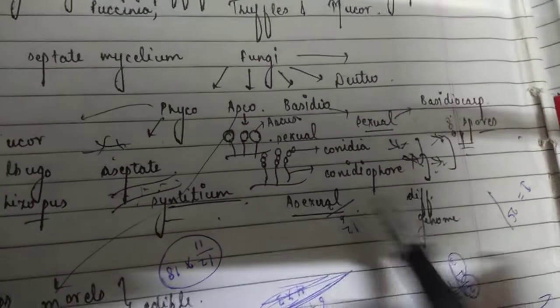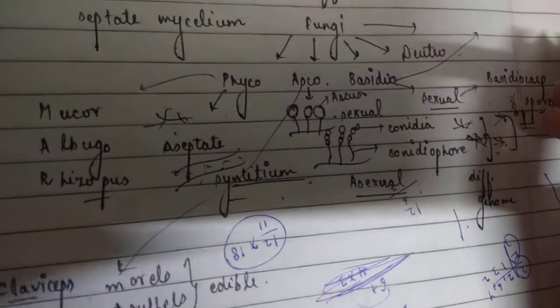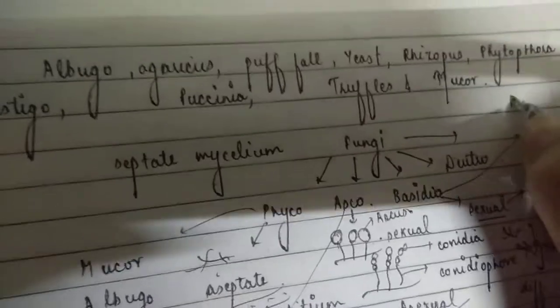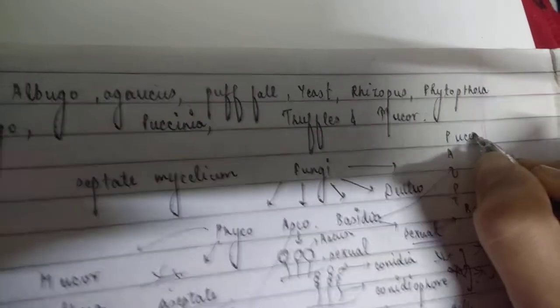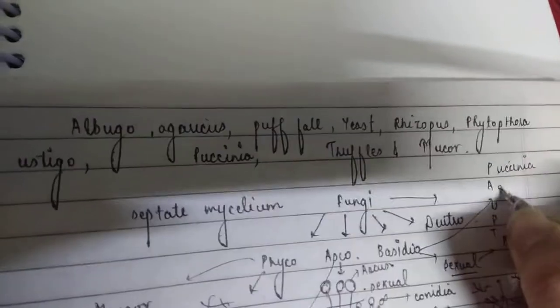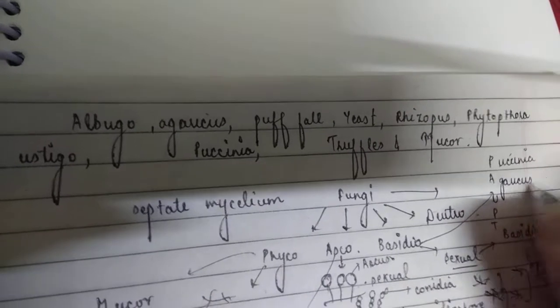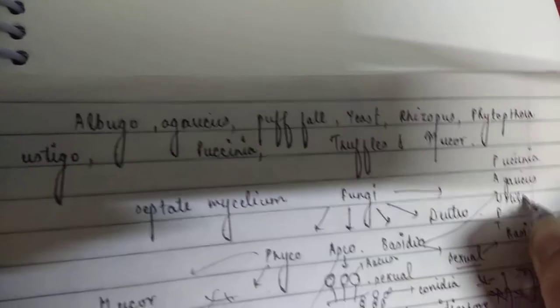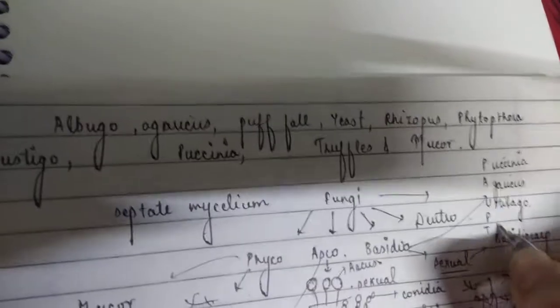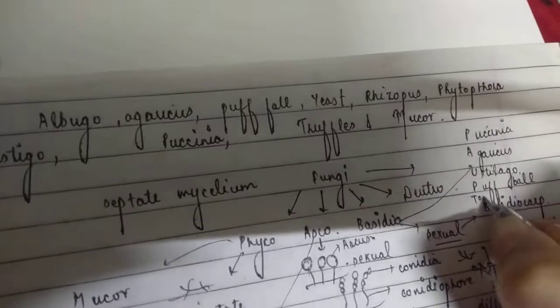Now I will tell you the examples of Basidiomycetes. There are basically five, which I learned by the mnemonic PAUPT: Puccinia, Agaricus, Ustilago, Puffball, and Toadstool.